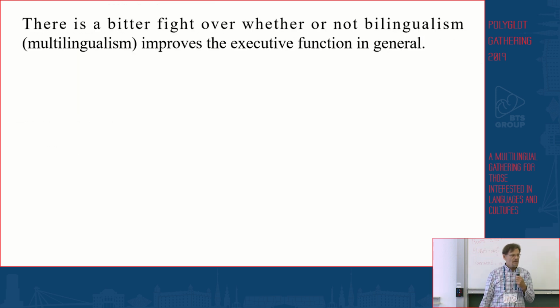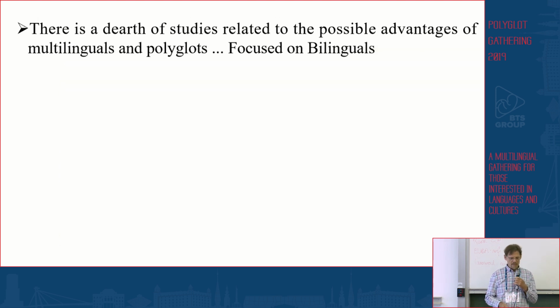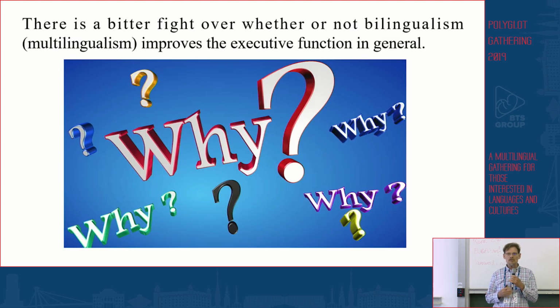But there's a bitter fight over whether or not bilingualism or multilingualism improves executive function in general, in its nonverbal aspects. Because if you think about it, a bilingual has to always deal with at least two languages at the same time.